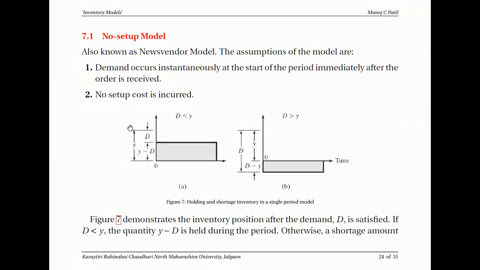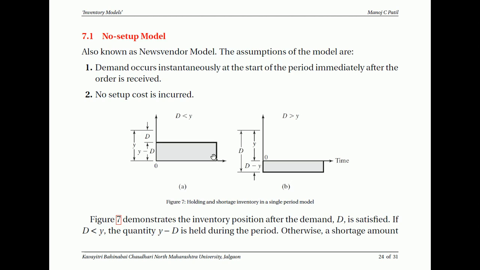Now, if the demand is less, he bought the newspaper for 30 cents, and after a day he will get only 5 cents. So there is a loss of 25 cents.